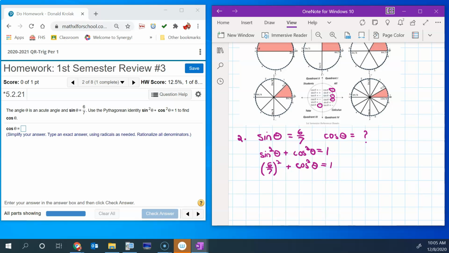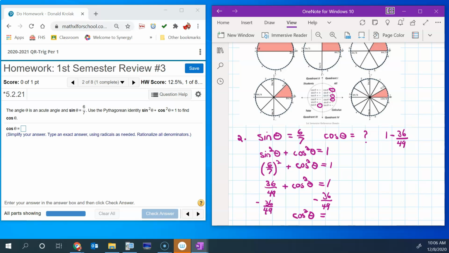Okay, so 6 times 6, 36. 7 times 7, 49. And now I want to subtract 36/49 from both sides. And I'm going to get cosine squared theta equals, so I've got to do 1 minus 36/49.